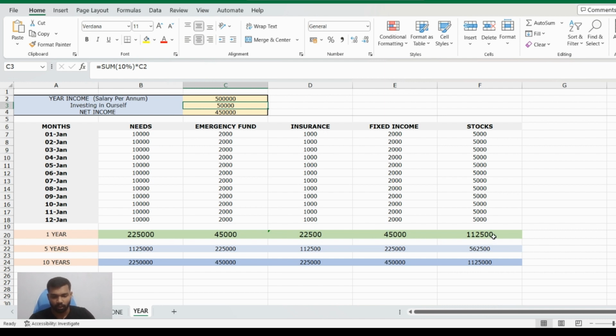You see, now I changed the income, the amount also changes, but relative to the percentage of our income. We are not just simply allocating some money to an emergency fund, insurance, and fixed income. We are calculating with percentages, so that it looks easy and comfortable for us to fulfill our financial needs.